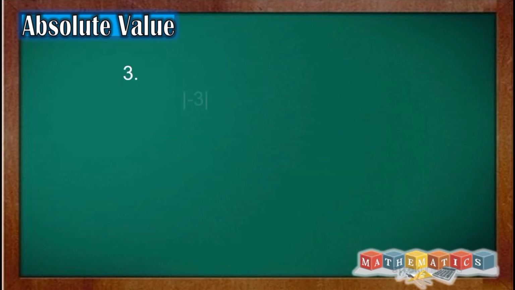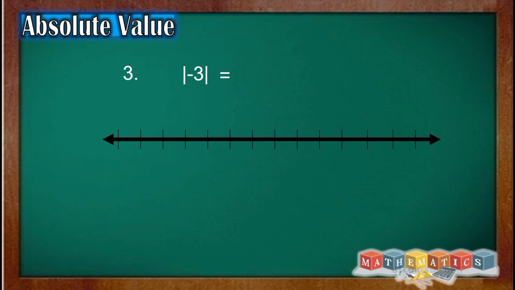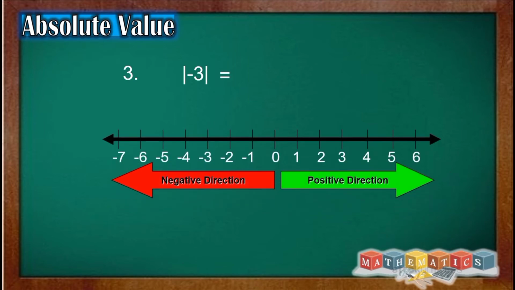Another example, find the absolute value of negative 3. Again, let us draw a number line. Then plot negative 3. Negative numbers are located from 0 to the left of a number line, so we are going to count 3 units to the left.